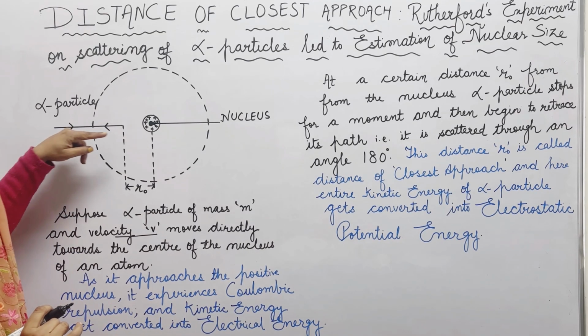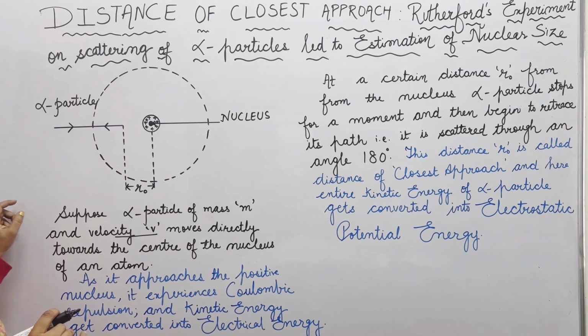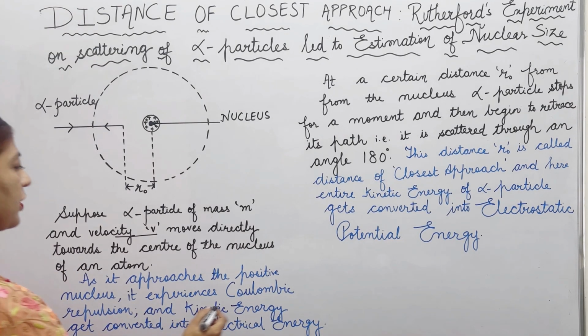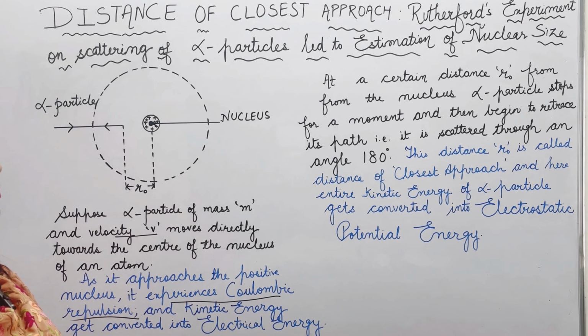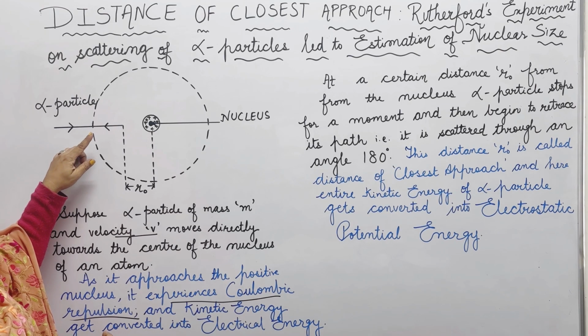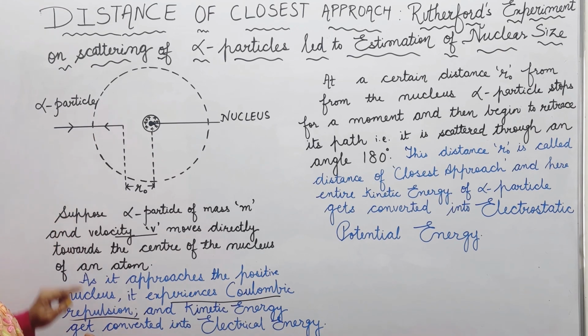As it approaches the positively charged nucleus, it experiences Coulombic repulsion. The alpha particle has velocity v and possesses kinetic energy, so that will convert into electric energy.